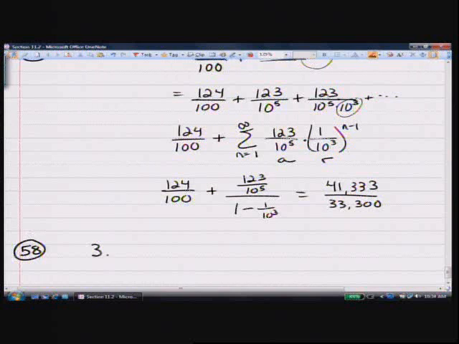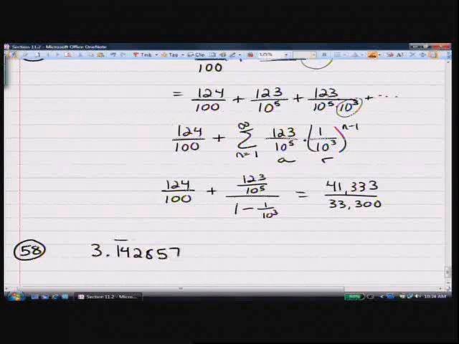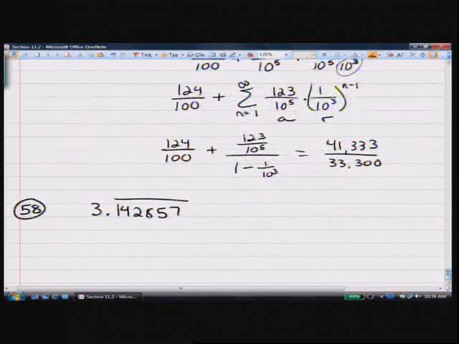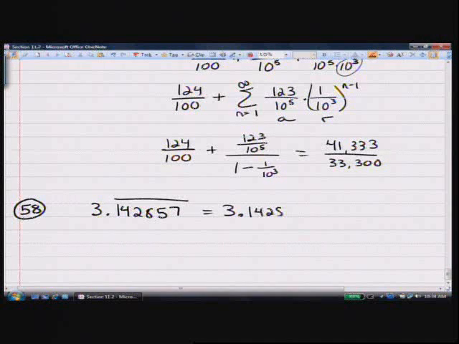Here's 3.58 and then 0.142857, repeating. Now, this is going to be a 3, and then you have 142857, 142857, and you continue that on.